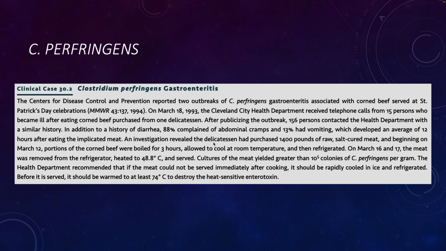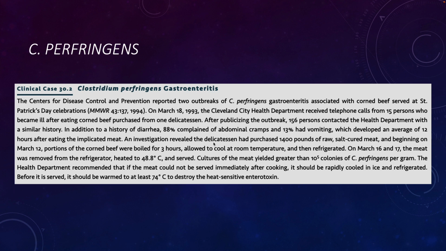Cultures of the meat yielded greater than 100,000 colonies, 10 to the 5th, of Clostridium perfringens per gram. The health department recommended that if meat could not be served immediately after cooking, it should be rapidly cooled in ice and refrigerated. Before it is served, it should be warmed to at least 74 to destroy the heat-sensitive enterotoxin.